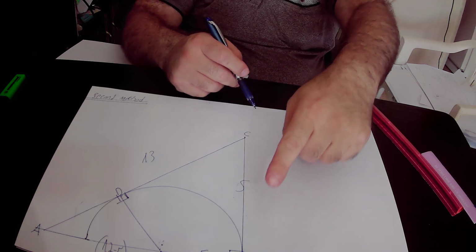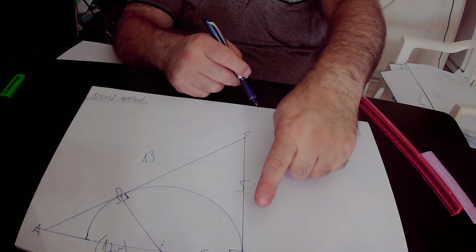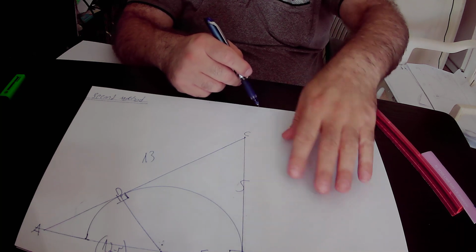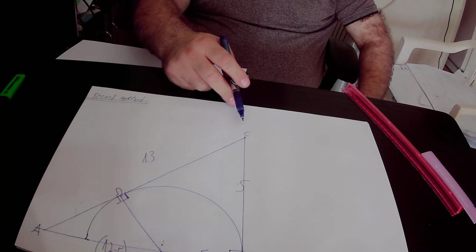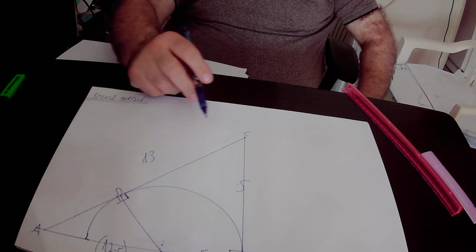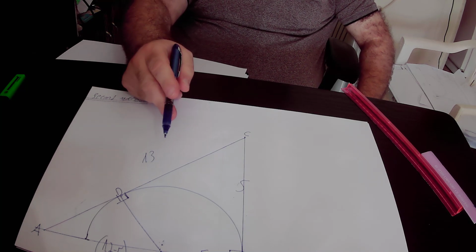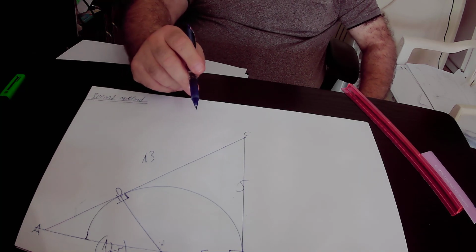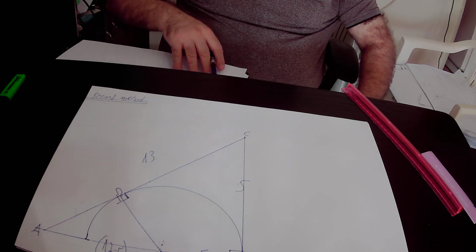The first tangent is tangent CB. Tangent CB is tangent to the semicircle at point B. And we have the second tangent, that is tangent CD. Tangent CD is tangent to this semicircle at point D. And according to two tangents theorem, the lengths of those two tangents are equal to each other.